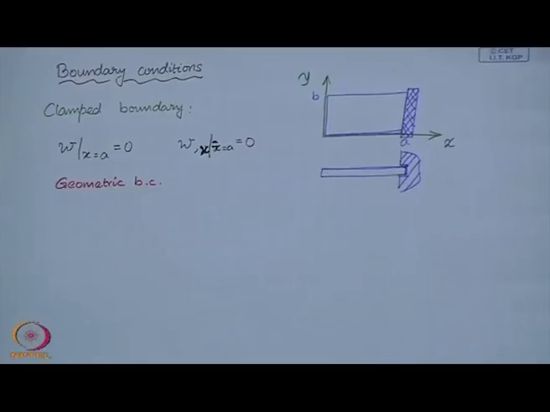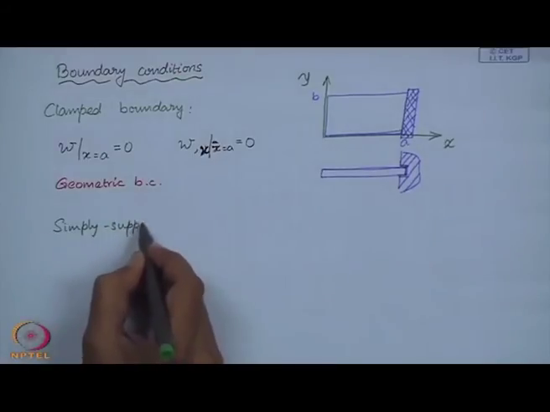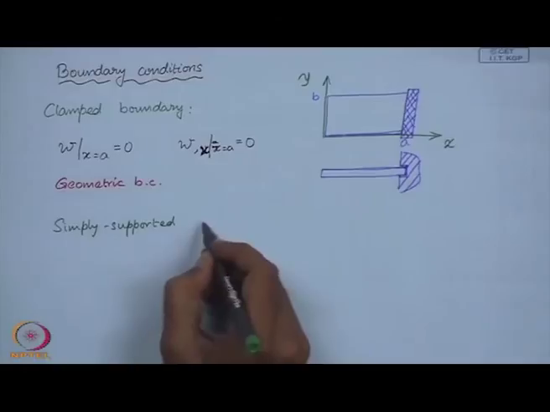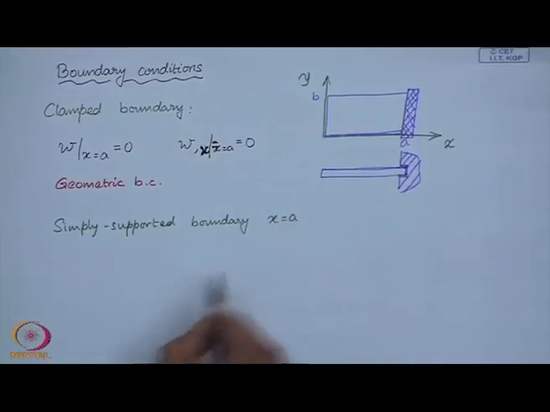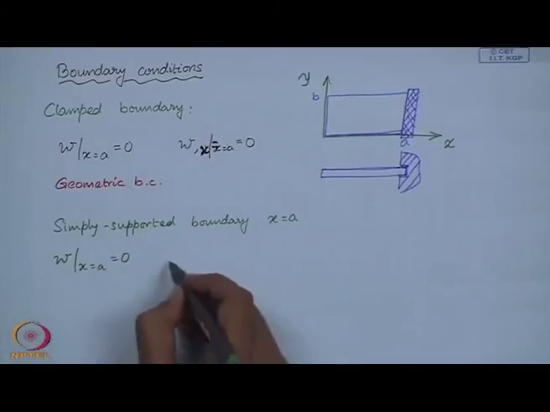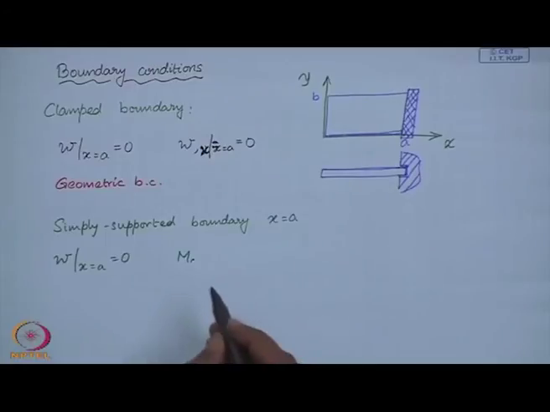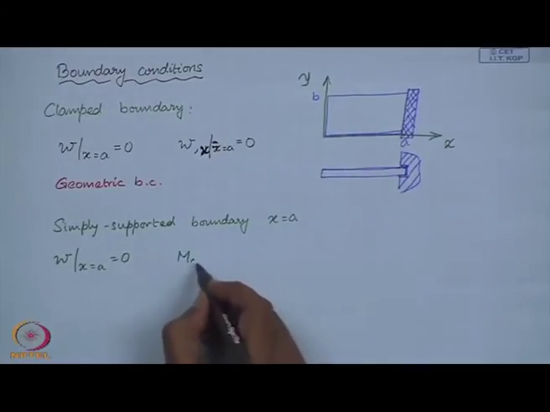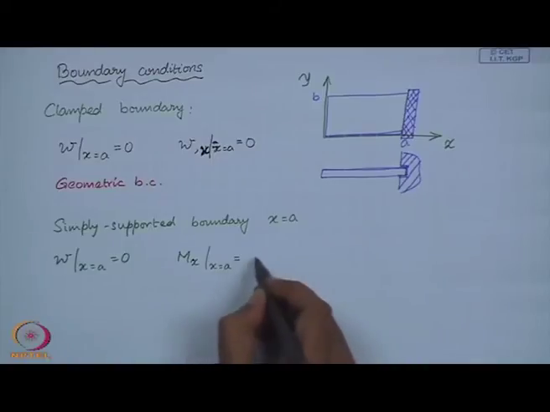Then if you have a simply supported edge at x equal to a, we have the displacement as 0 and the moment equal to 0.